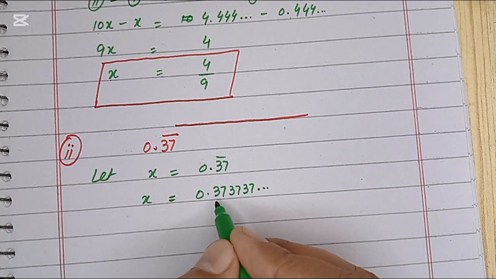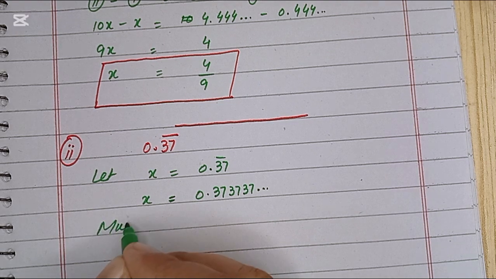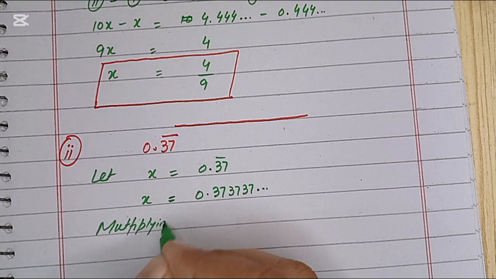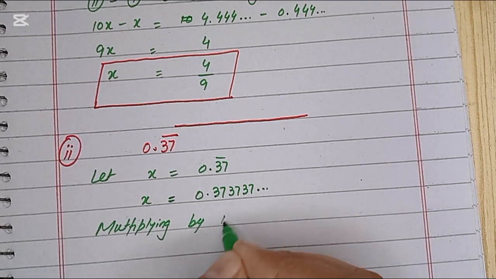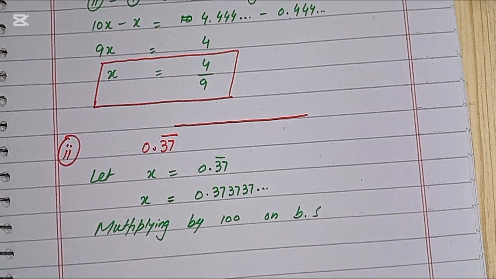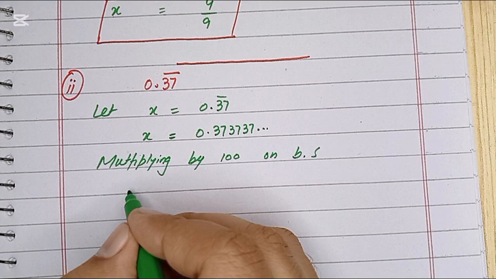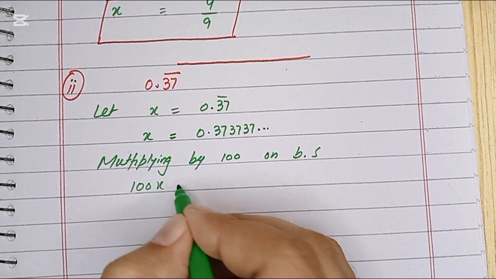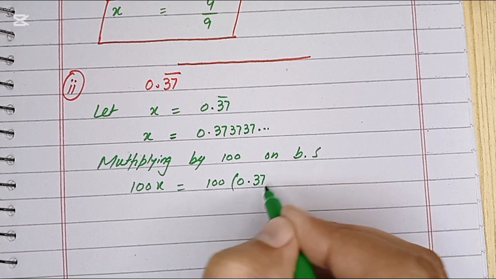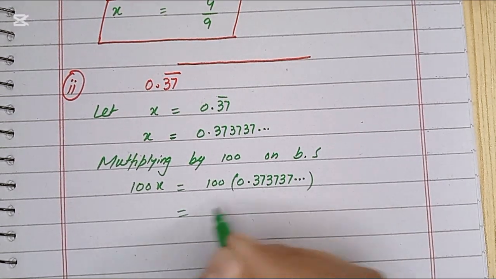Now as there are 2 repeating digits, we will multiply by 10 raised to power 2, which is 100, on both sides. 100x equals 100 into 0.373737 and so on.